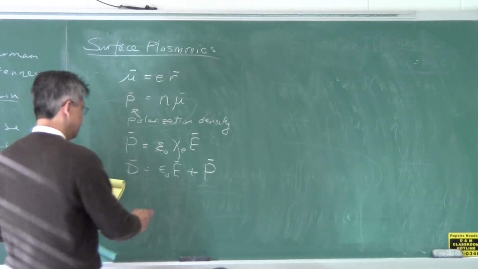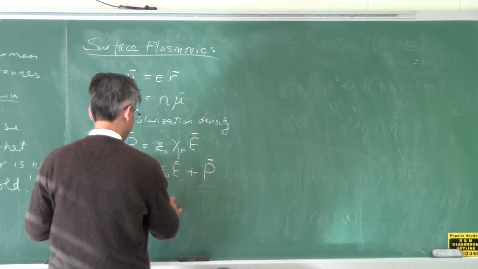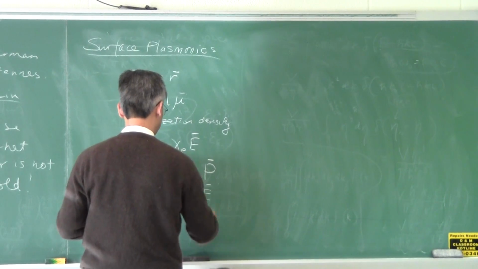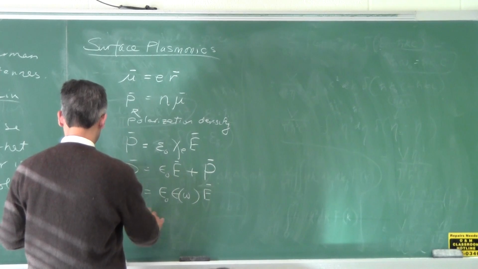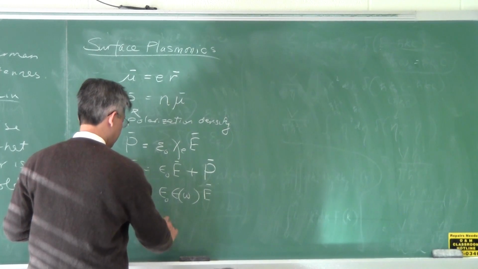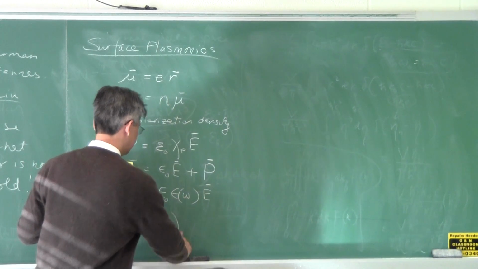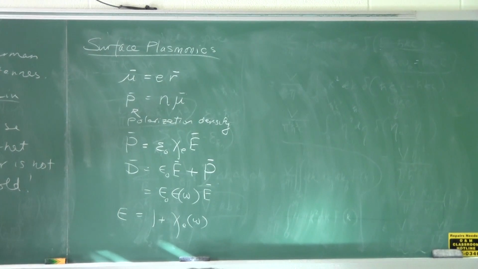And then we often write this as an effective epsilon, which could be a function of frequency, times the electric field. Okay? And this effective epsilon is equal to a relative epsilon. I'm using the notation of Nowotny and Hecht. And this is just 1 plus chi. Okay? Chi is usually called a susceptibility or something like that. It has a name too.